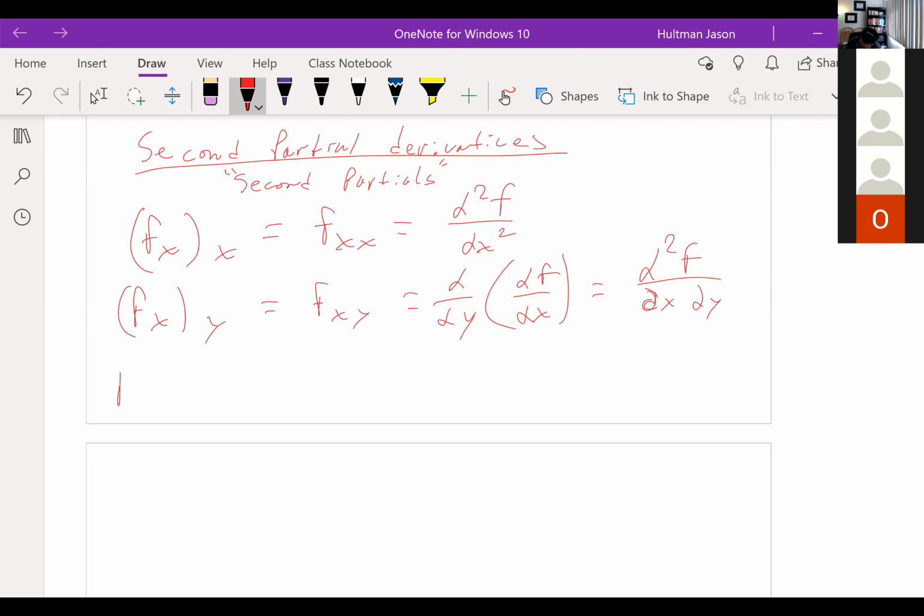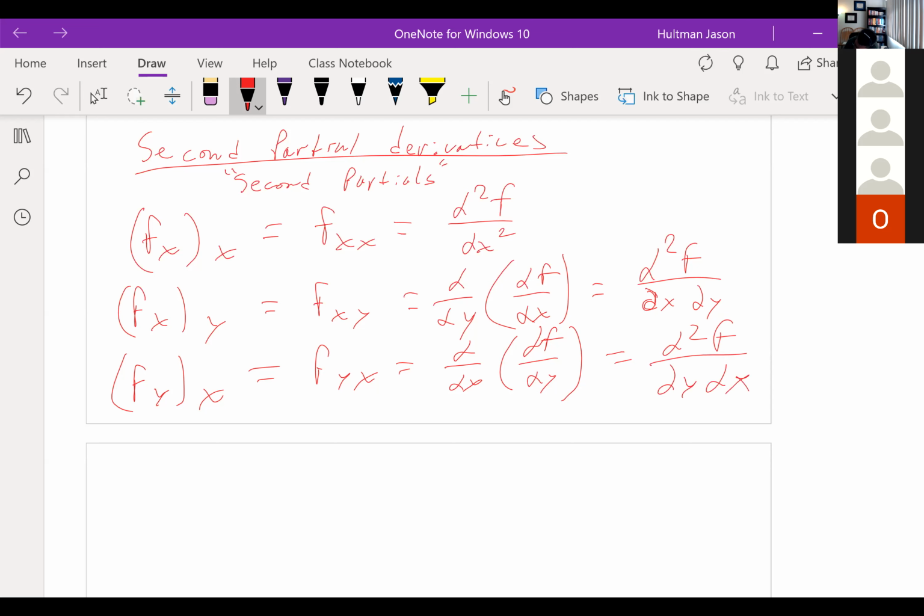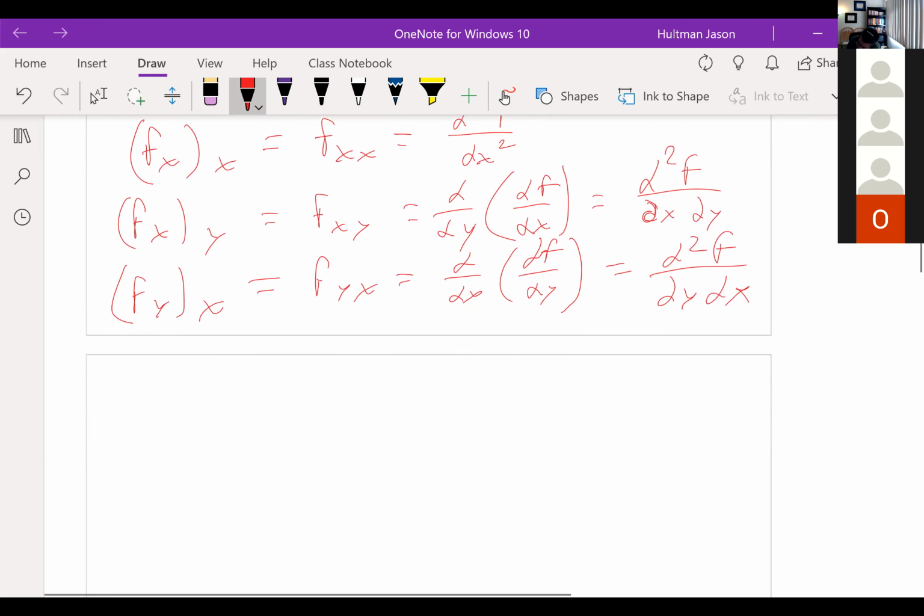Okay, so f sub yx means take the partial with respect to y first, and then the partial with respect to x, which is d2f over dy dx.